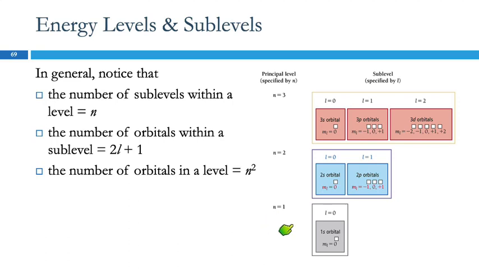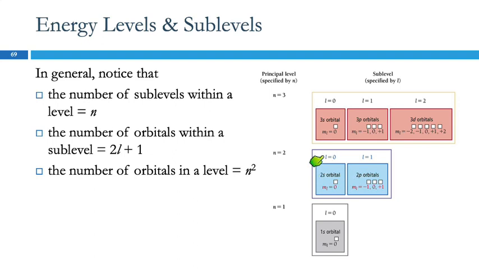So for n equals 1, we have one possible sublevel, that's L equals 0. And within that level, m sub L, the possible values tell us how many orbitals there are. There can only be 1 here. In n equals 2, principal level 2, there are 2 sublevels.